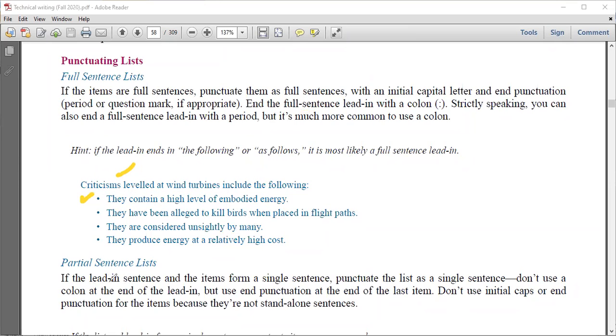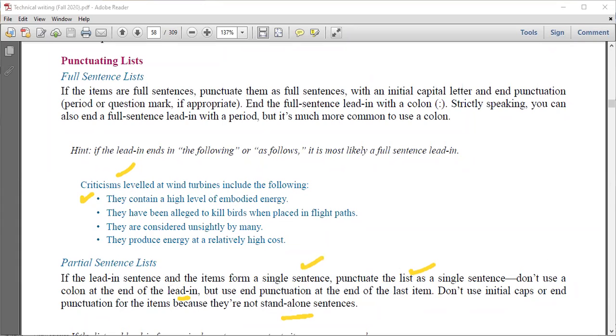Partial sentences list. If the lead-in sentence and the item form a single sentence, punctuate the list as a single sentence. Don't use a colon at the end of the lead-in. Now, what is a lead-in? Let me show you. But use end punctuation at the end of the last item. Don't use initial caps or end punctuation for the items because they are not stand-alone sentences.